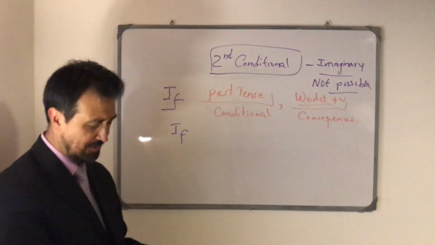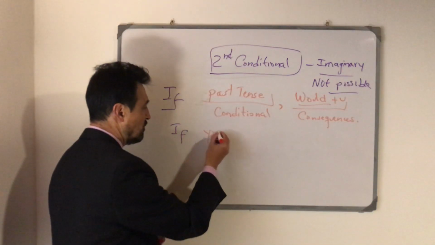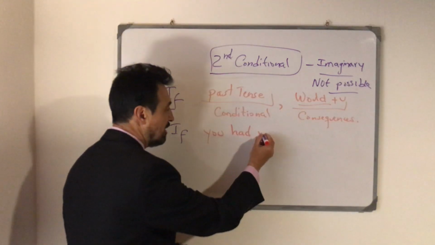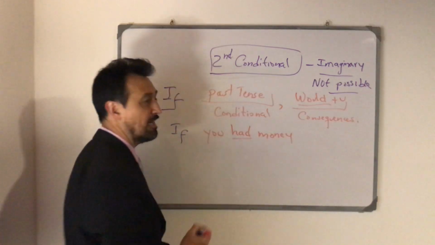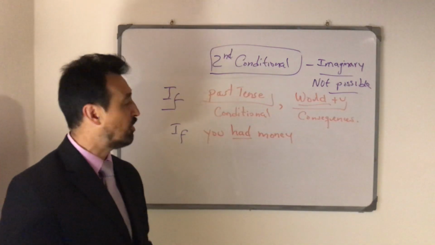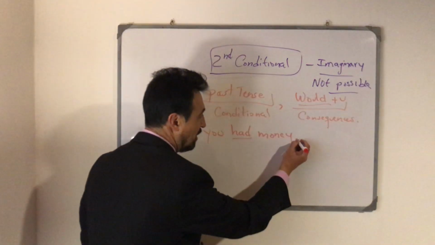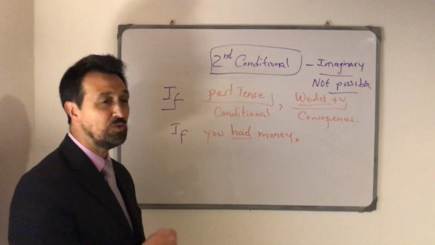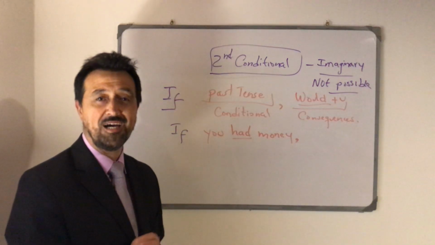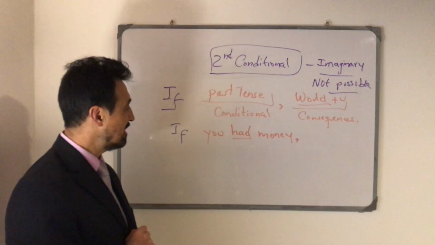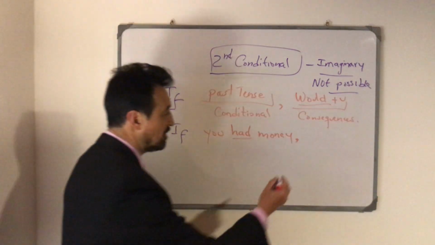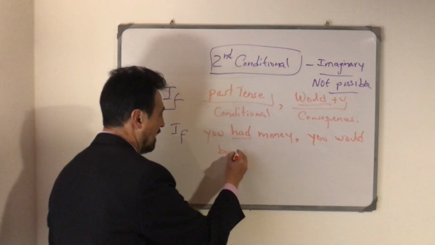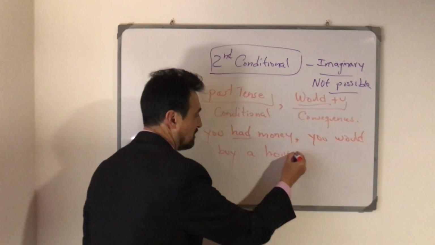If you look at the verb in simple past: if you had money, analyze, had is in the past tense, simple past. If you had money, comma, as in the example in Spanish, tuviera, that is the first part of this. If you had money, consequences: you would buy a house.